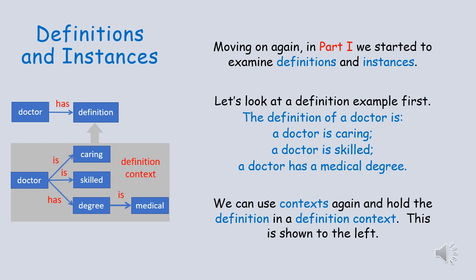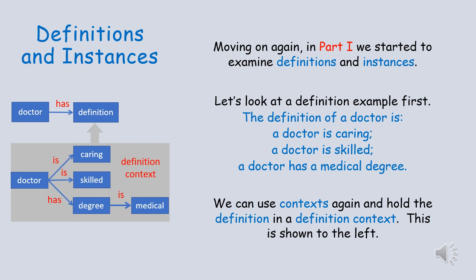Moving on again, in part 1 we started to examine definitions and instances. Let's look at a definition example first. The definition of a doctor is: a doctor is caring, a doctor is skilled, a doctor has a medical degree. We can use context again and hold the definition in a definition context.